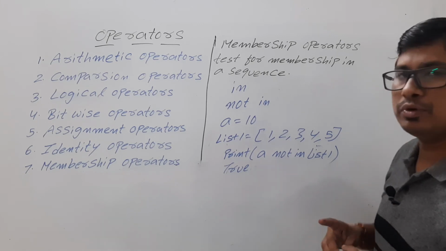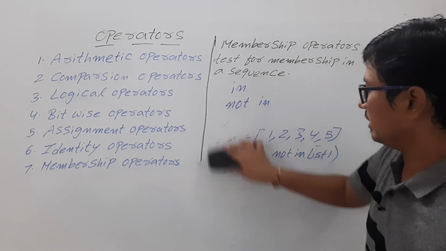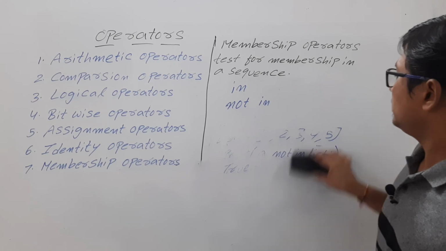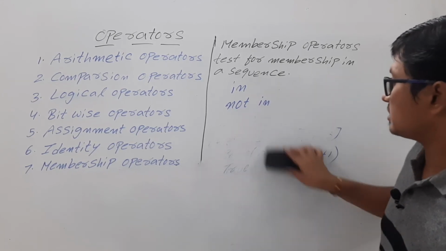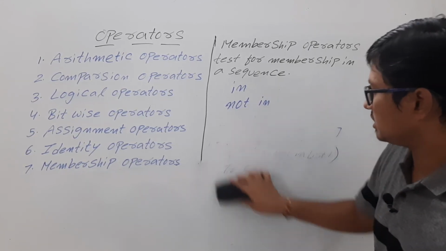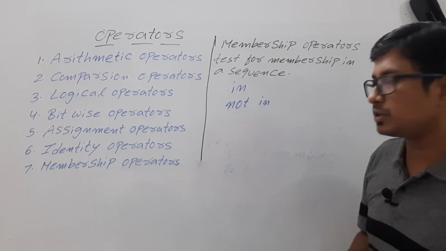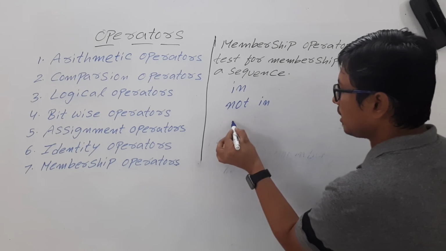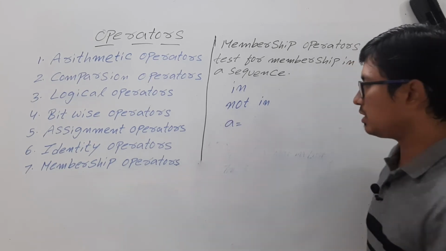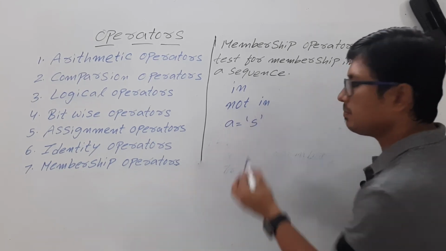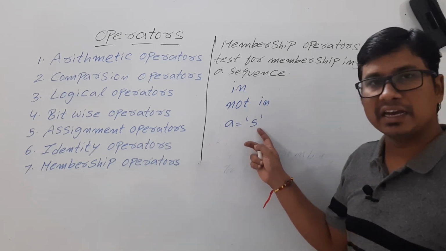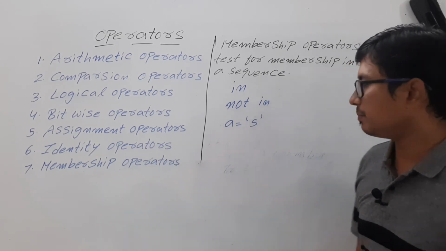Let me discuss one more example for better understanding. As I said, it checks membership in a sequence such as strings, tuples and lists. We already discussed the list. Now let me discuss the string. Let's take a = 'S', so I am assigning the character S to the variable a.